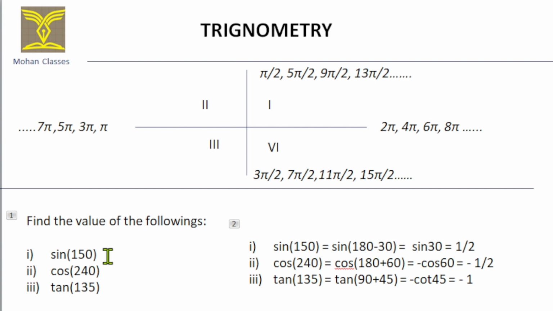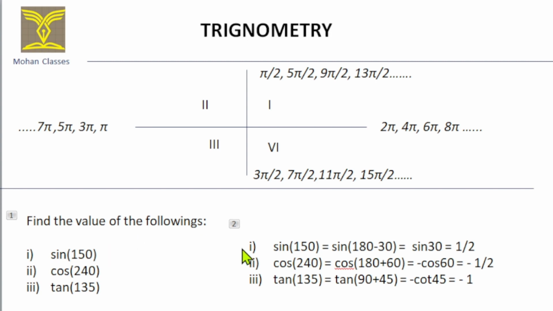So whatever the angle you have, sine 150 or sine 360, sine 270, you should bring it to the form of 30, 45, 60 or 90 degrees. Then only can we write the right value, because our table has only the values for 0, 30, 45, 60 and 90. You should remember this, it is very, very important.